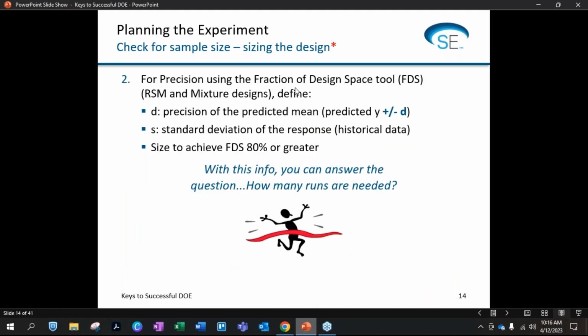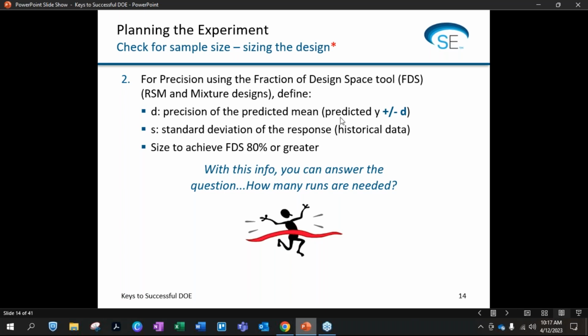Now for response surface and mixture designs, we use precision, and that uses the fraction of design space tool, or the FDS graph. And by the way, that is found under design evaluation. So for that tool, we change from defining the change in the response that we want to detect to defining the precision of the prediction.